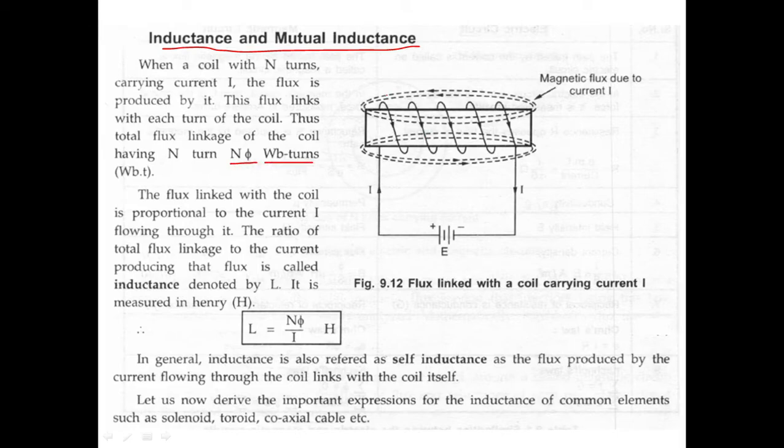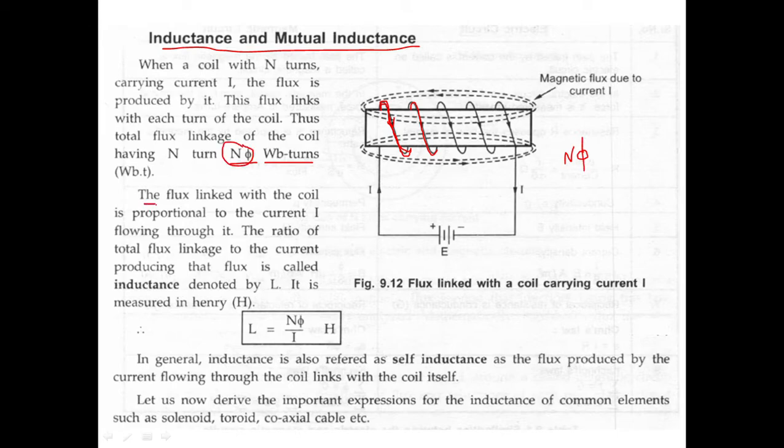Here the total number of turns is capital N. When the current passes through one turn, we assume the flux produced is phi. So if there are N turns, the total flux linkage will become N phi. That is what is written here, N phi.